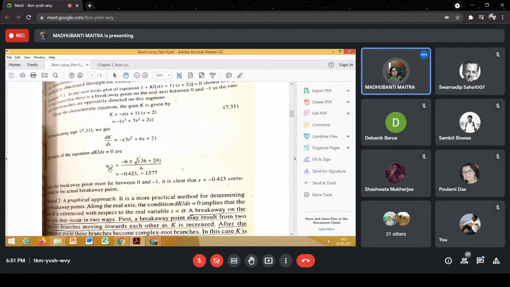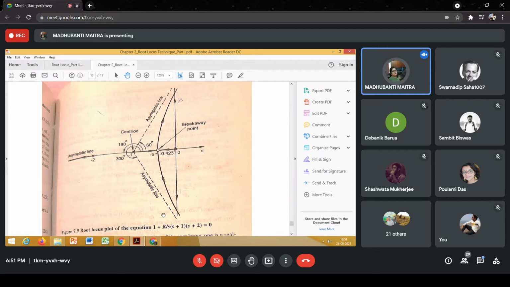So the roots, as shown in this book, are located at s equal to minus 0.423, and the second root of this equation is minus 1.577. Right? Now, look at the root locus once again.